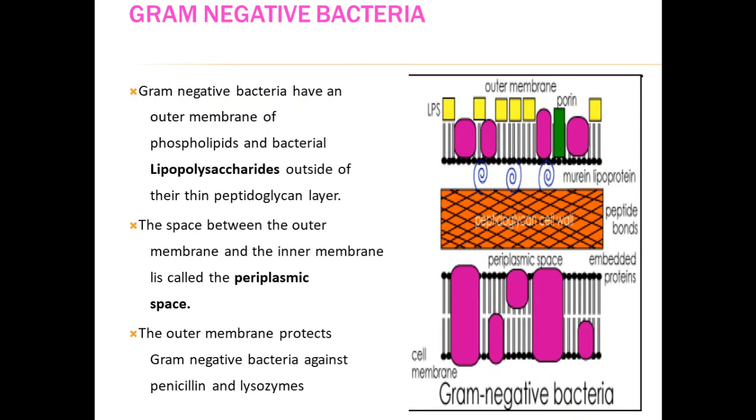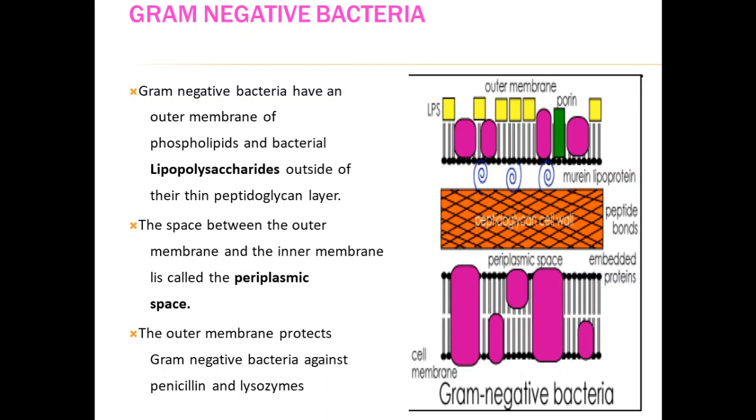Now if we go into the details of the gram negative cell wall, it is called a multi-layered cell wall, which includes a complete membrane called the outer membrane. We have the peptidoglycan layer, and above it there is an outer membrane made up of lipid and polysaccharides, which is called the lipopolysaccharide layer.